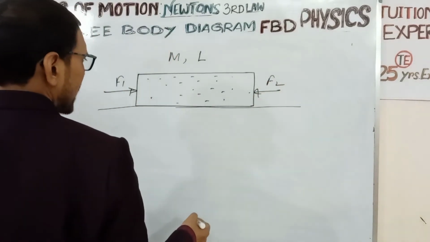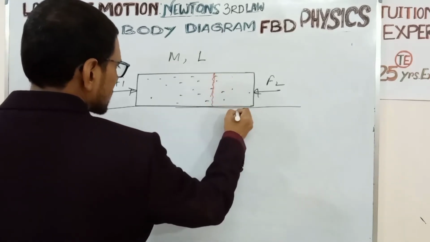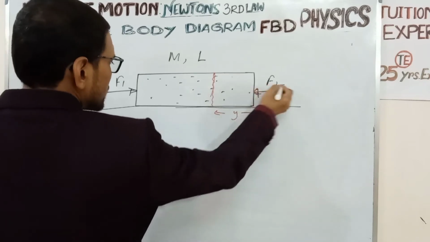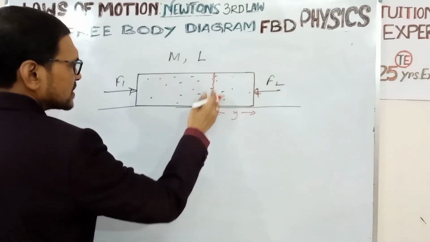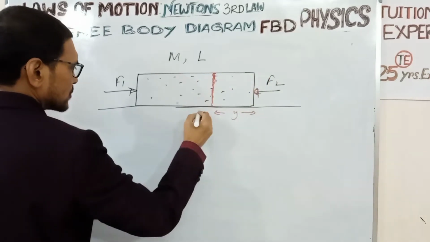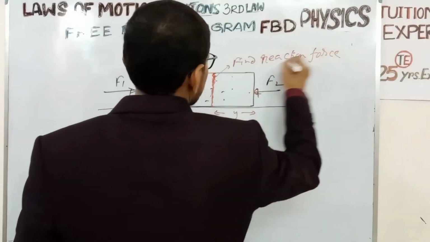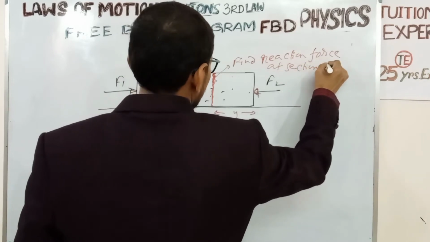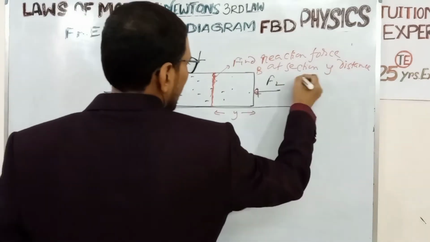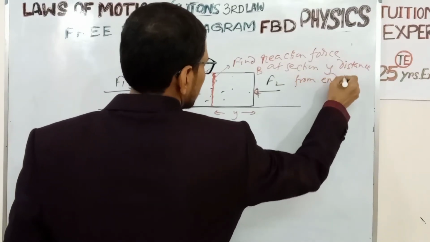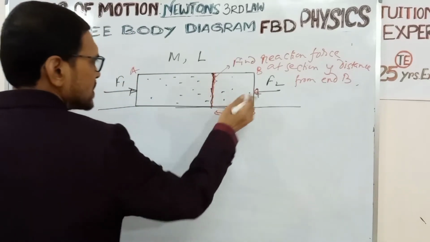Now find the contact force at a distance y from the end at which F2 acts. Suppose this end is a, this end is b. Find the contact force at a section at distance y from end b. So this is the question.